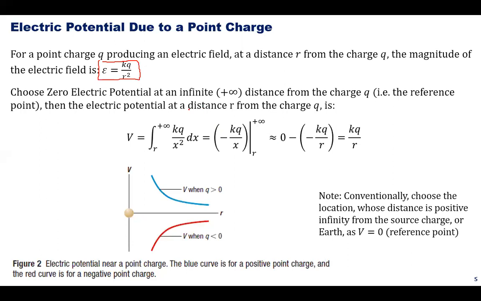So that gives us the electric potential at the distance r from the point charge Q. Okay, just be careful with this formula here. This is how we can calculate the electric potential of a point charge Q.